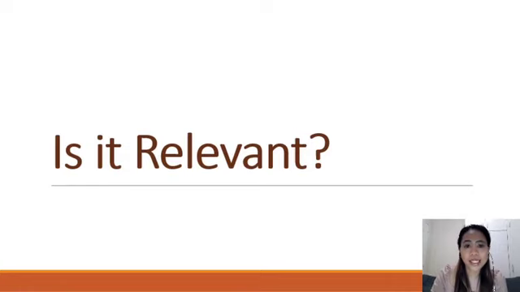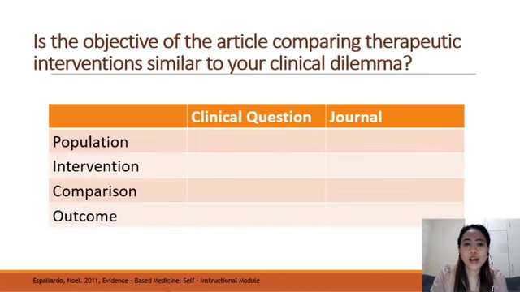First step is the assessment of relevance. In this step, we want to determine if the journal article could answer our clinical question. For this step, we only need to answer this question: is the objective of the article comparing therapeutic interventions similar to your clinical dilemma?